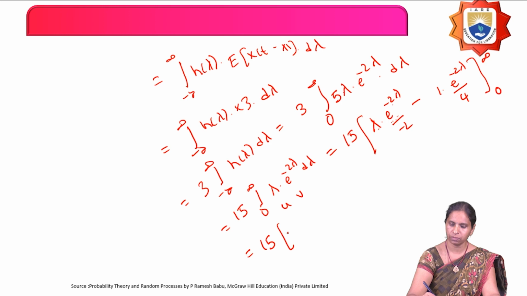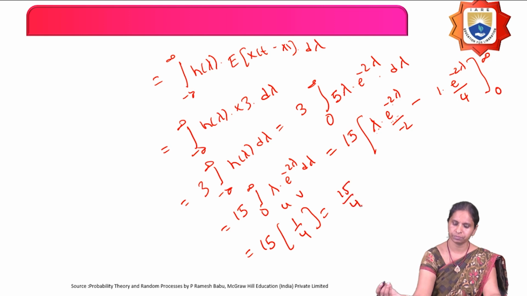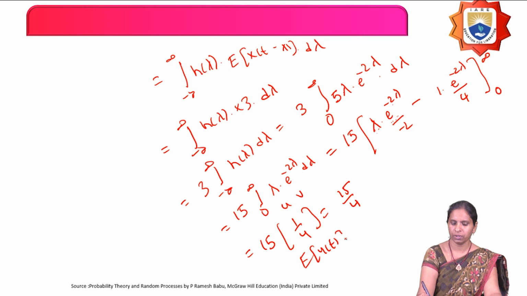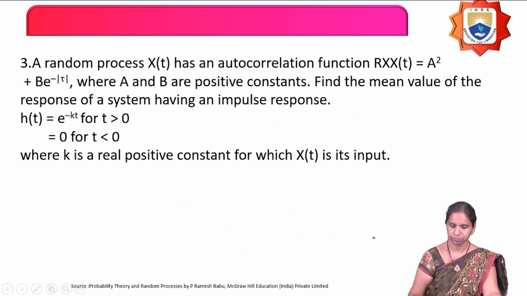Minus, what is the lower limit here? 0, so 0 into e^0, which is 0. So minus of minus gives plus, so plus 1 by 4. That equals 15 by 4. Therefore, the mean of the output random process y(t) is 15 by 4.